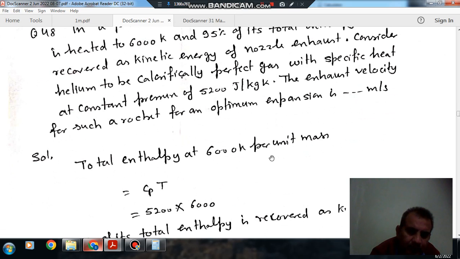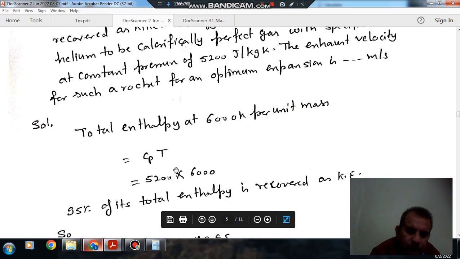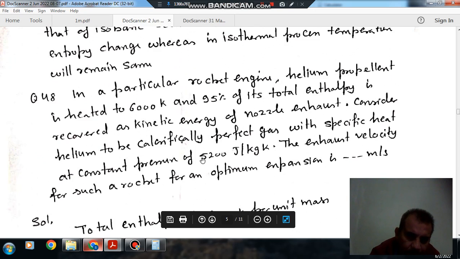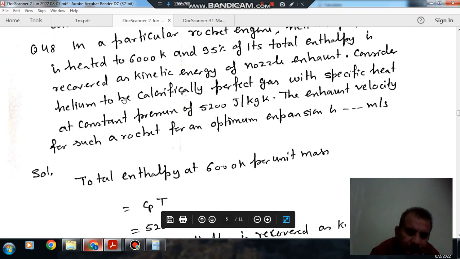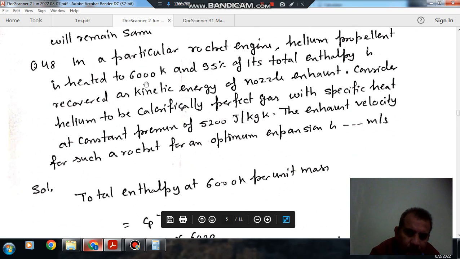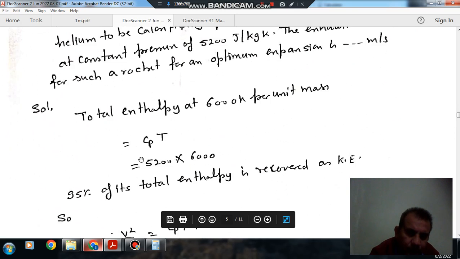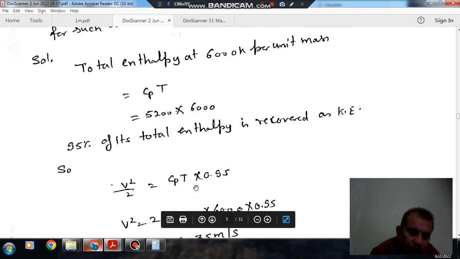The total enthalpy at 6000 Kelvin per unit mass is CpT. Cp is 5200, and the stagnation temperature is 6000. That is the total enthalpy, and 95% of it is recovered as kinetic energy.